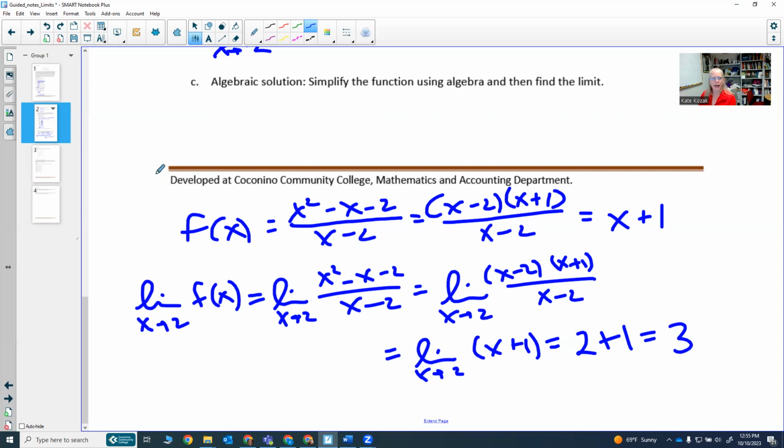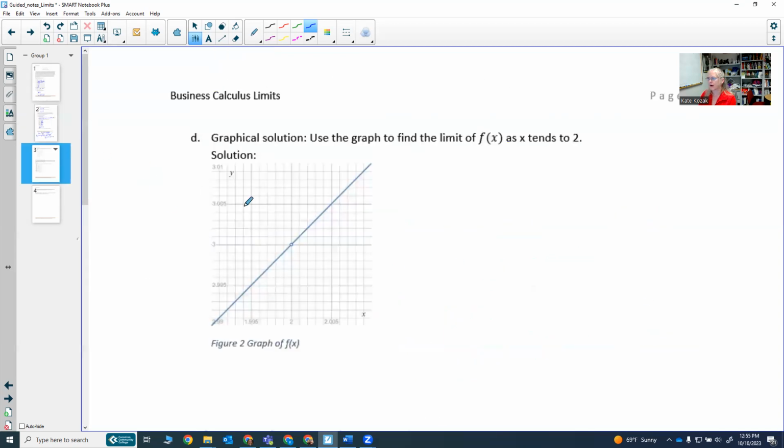Now, let's use the graph to find the limit of f of x as x tends to 2. So the solution of this, looking at the graph, as you travel along the function towards 2, the value of y tends towards 3.